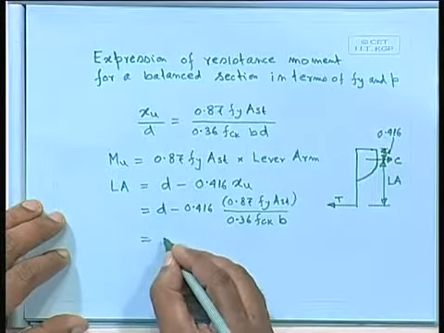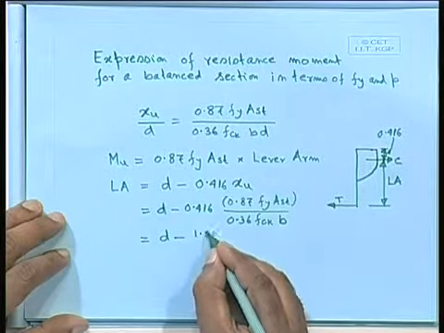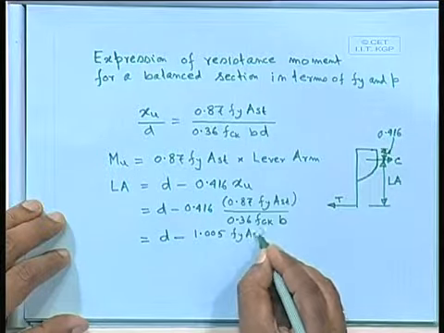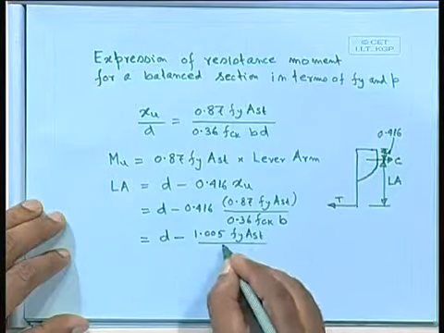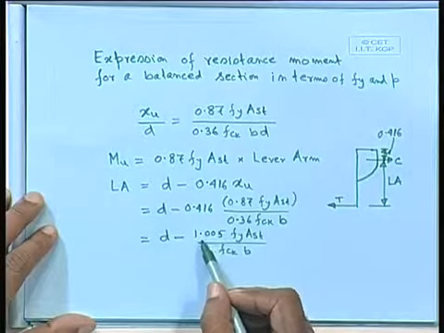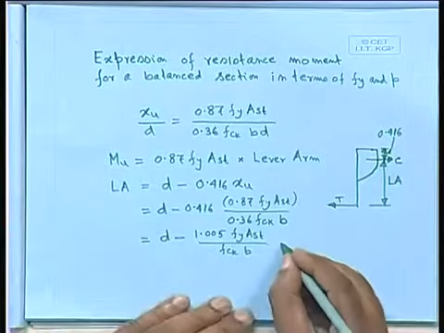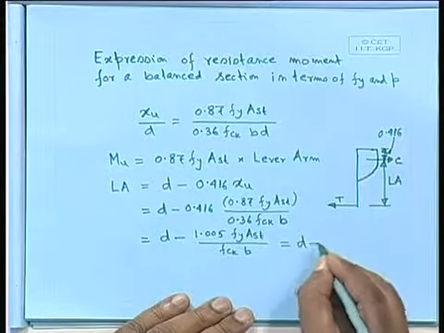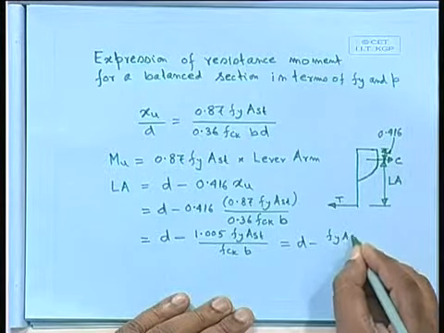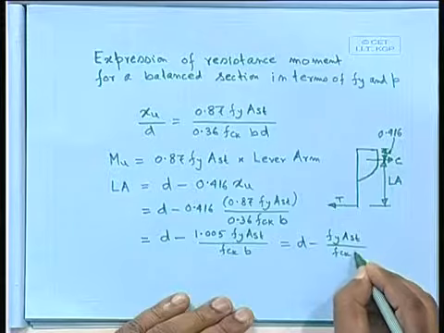We can write it as d minus 1.005 times fy Ast divided by fck b. Instead of going to that precision 1.005, we can simply take it as just 1. In other way, we can write this as d minus fy Ast by fck times b.